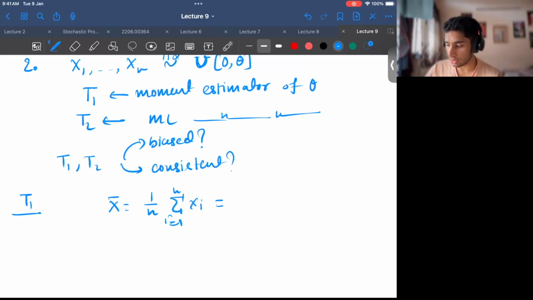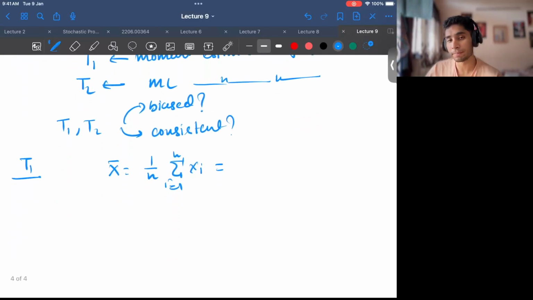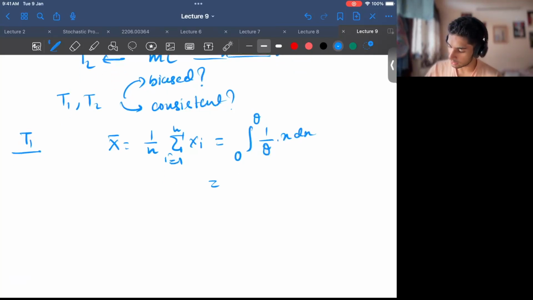This x bar is equal to what? What is the expected value, the mean, of the uniform distribution? It will be the integral from 0 to theta of 1 by theta times x dx. This becomes 1 by theta times x square by 2 from 0 to theta, which is theta square by 2 theta, so theta by 2.